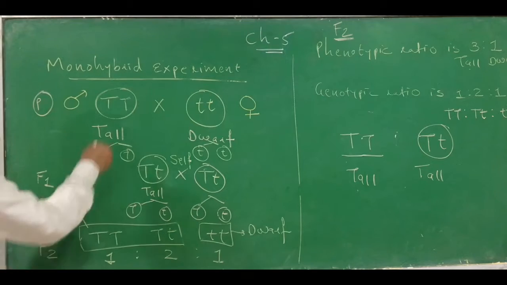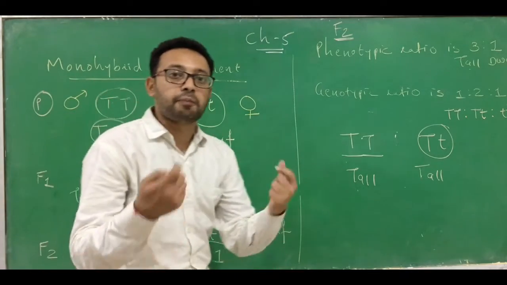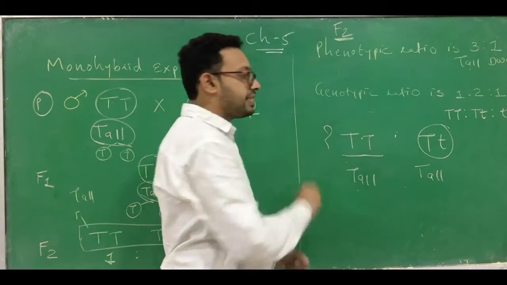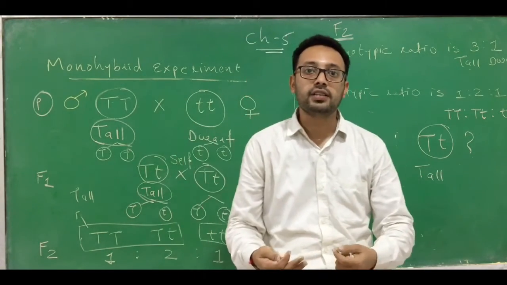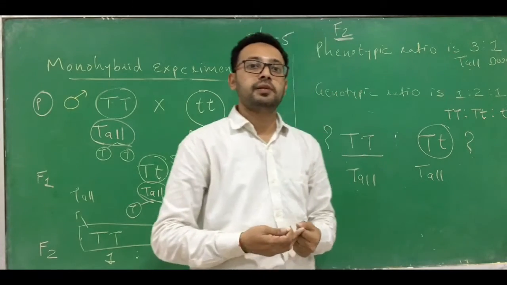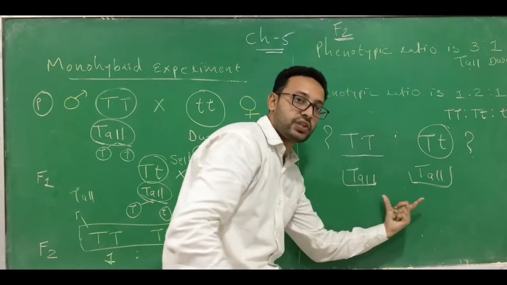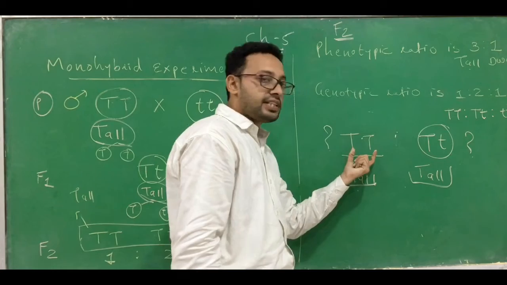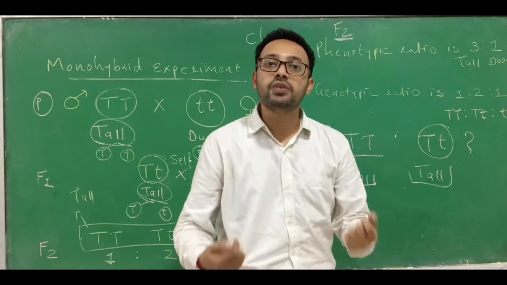So when the plant is tall, how can you come to know whether it is capital T capital T or capital T small t? How can you know the genotype of that parent? Here the phenotype is the same. This is tall, this is also tall, so the phenotype is the same, but the genes are different, the genotype is different. How can we come to know?